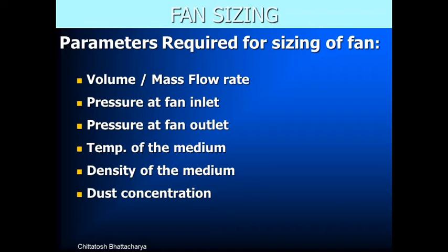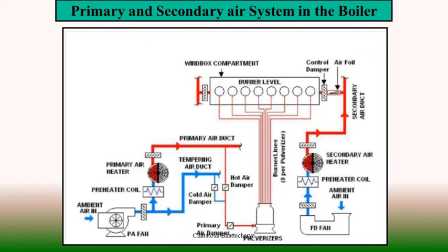Let us try to understand now the schematic layout of the entire system of air and flue gas circuit, and how these different fans are placed for large capacity utility boilers. If you see, for big units we have a number of fans.